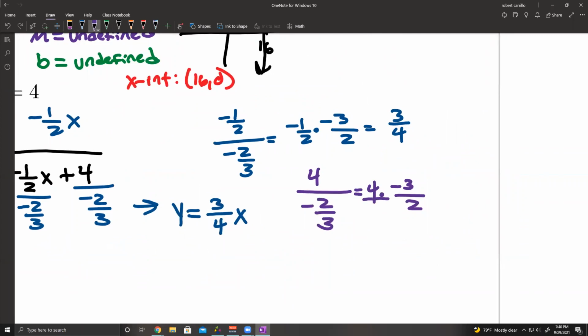I can put this 4 over 1. And could I cross cancel? Yes. So that 2 becomes a 1. That 4 becomes a 2. And we're left with 2 times -3, which gives me -6. There you go.